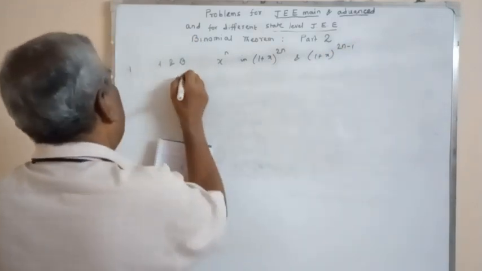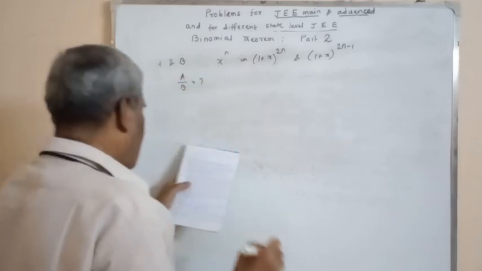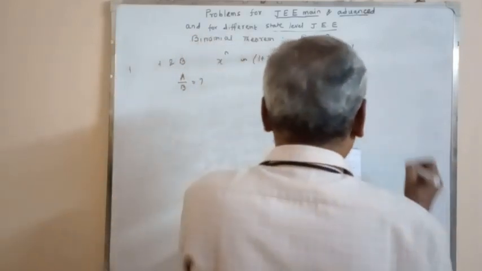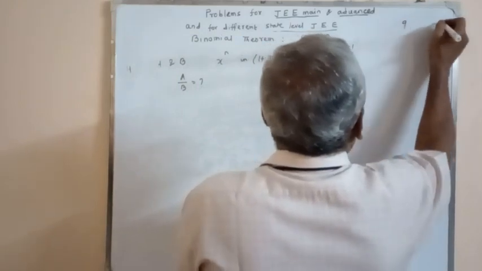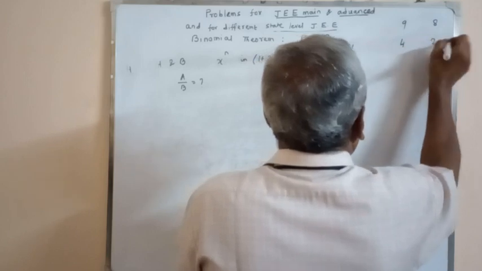Then A by B is equal to? Options: 9, 8, 4 and 2.